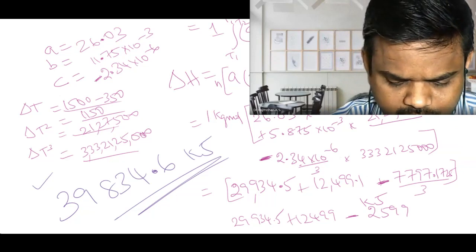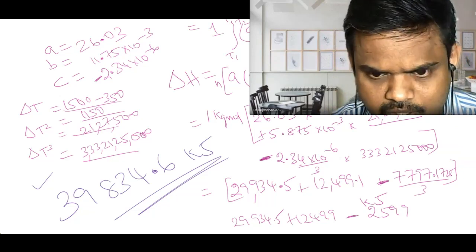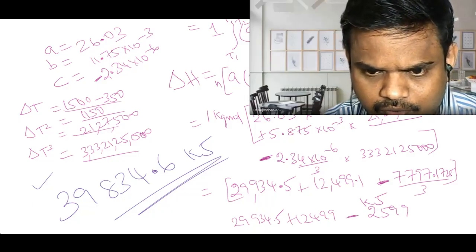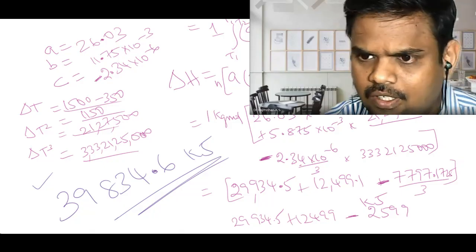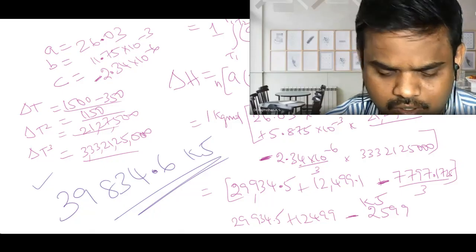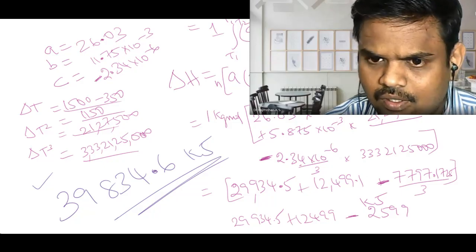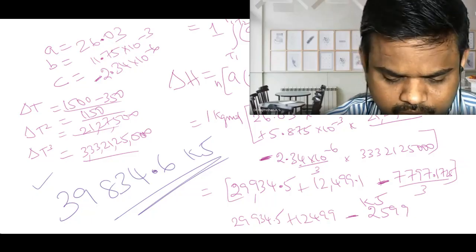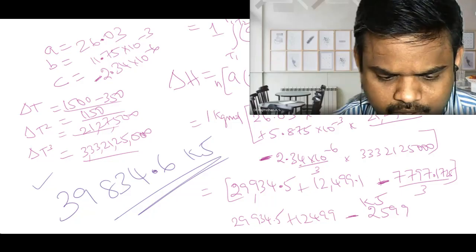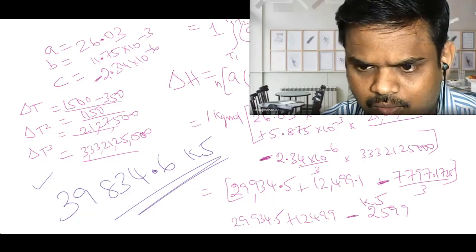Similarly, what is the first one? 26.03 into 1150, which is 29,934.5. Okay. Similarly, here we are having 2,127,500 into 0.005875, which is 12,499.1.